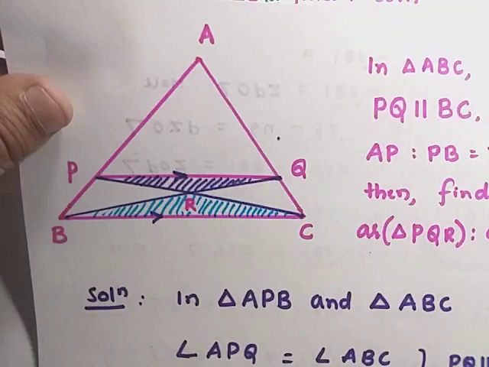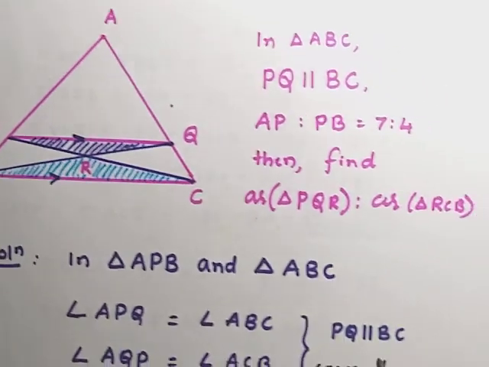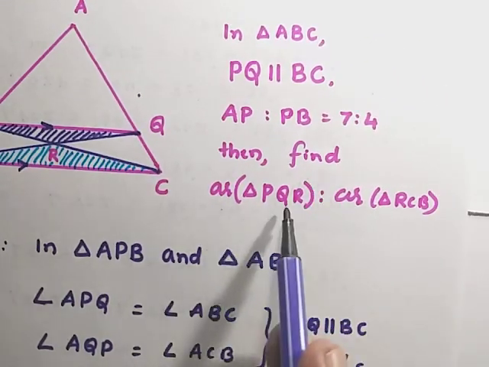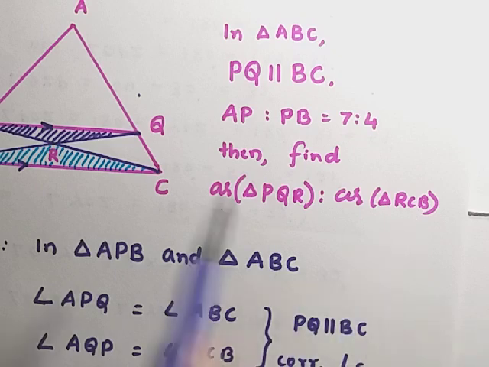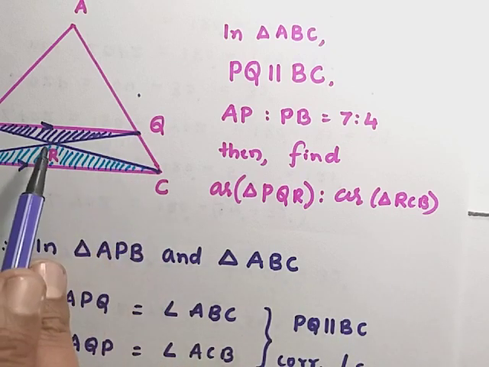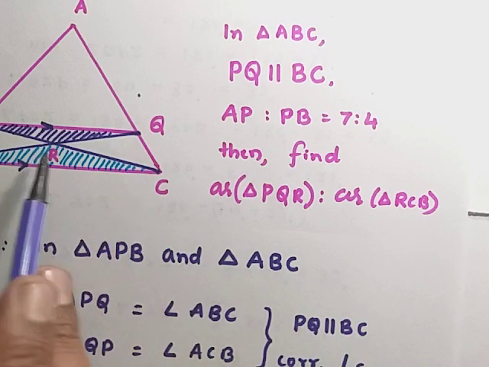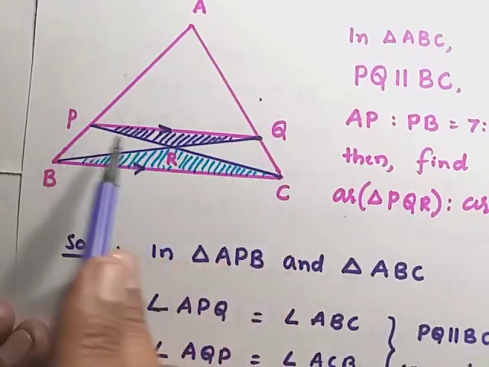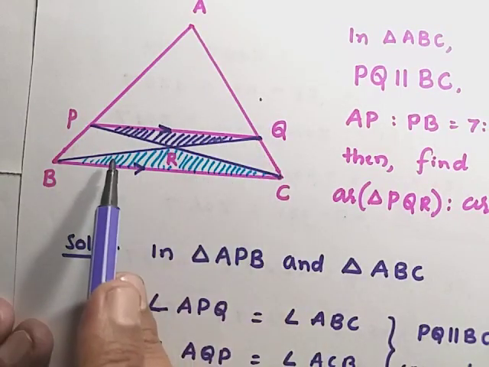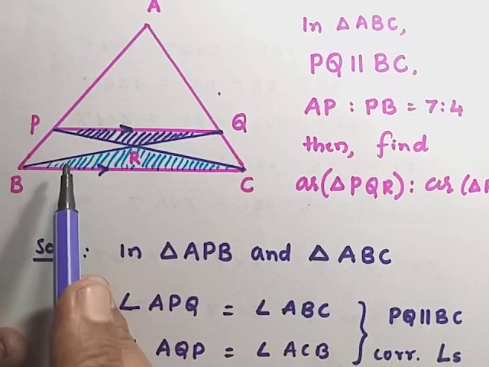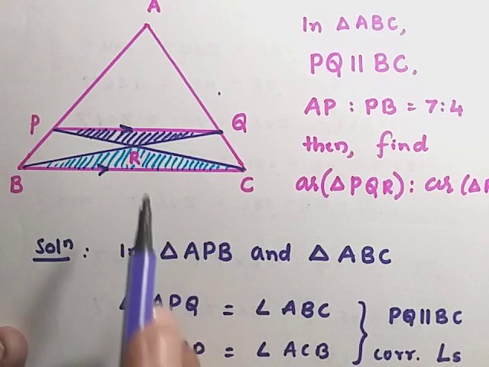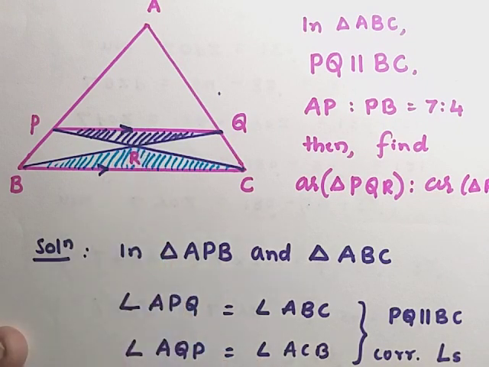Now, because I want to find the ratio of the areas of triangle PQR and RCB, these two triangles are to be taken, and we will first prove that they are similar.